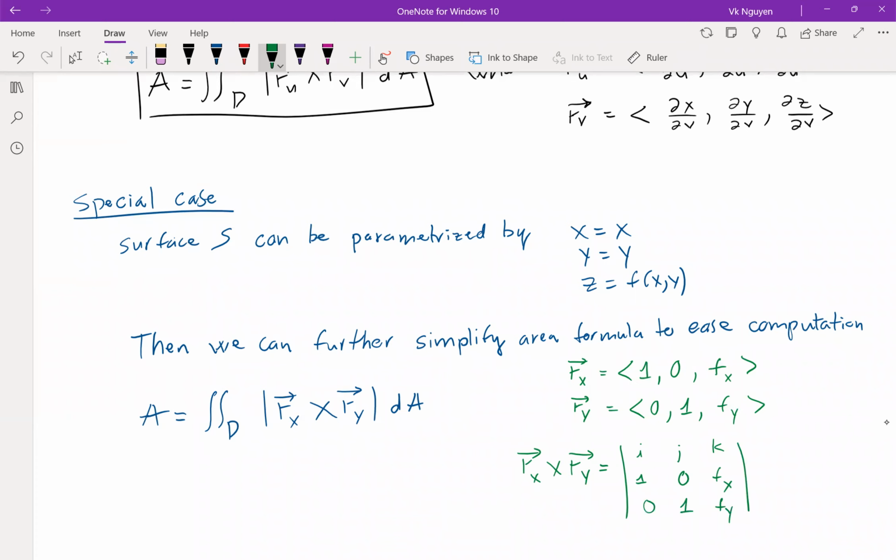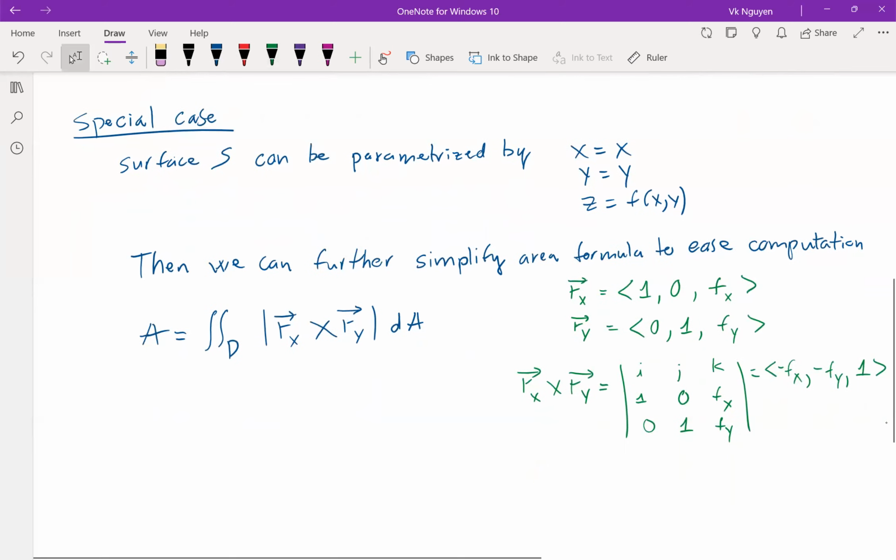I'm just going to write this out for the sake of mathematics. Okay, you look at the first one, right? It's going to be minus f_x, right? And then the second one, it would be minus f_y. And then the last one, it would just be 1.